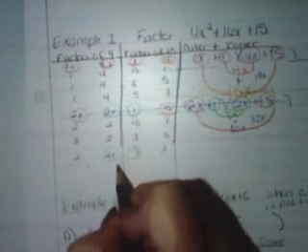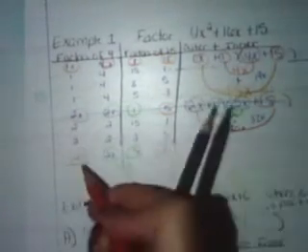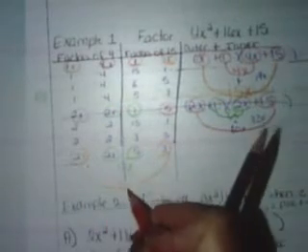You're going to get to where you can just see this in your head. I can look at my inner terms, and I can see 2x times 5 gives me 10x. And then I can see that 2x times 3, which is my outer terms, gives me 6x.